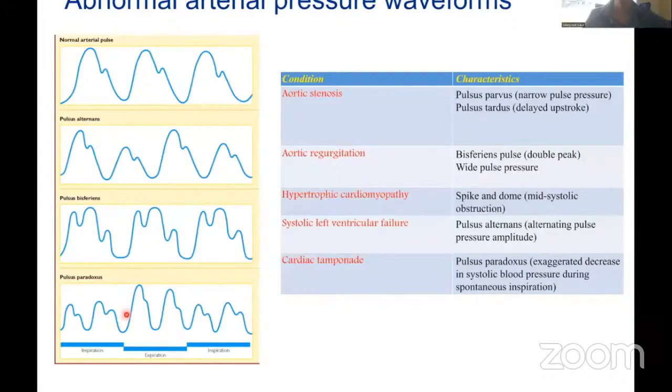Less commonly seen causes are like HOCM. A pulsus paradoxus is characterized by a greater than 10 mm decrease in the systolic arterial pressure during inspiration. It most commonly indicates conditions like cardiac tamponade, COPD, and constrictive pericarditis.